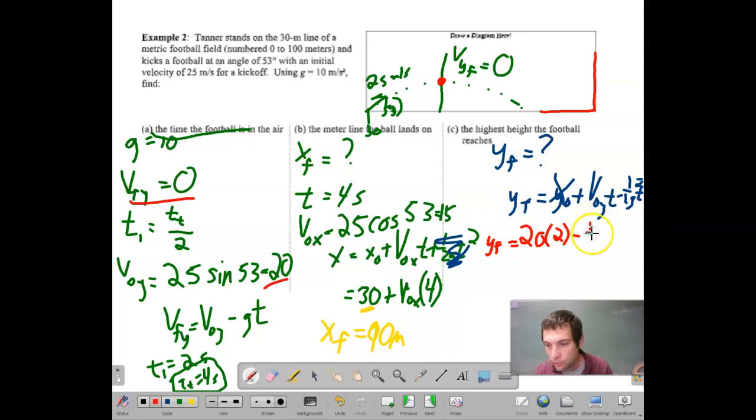Minus 1/2 of 10 times t squared, so 2 squared. Going through all of that, we've got 40 minus 5 times 4, which is 20. So our final height should be 20 meters. Cool. Next.